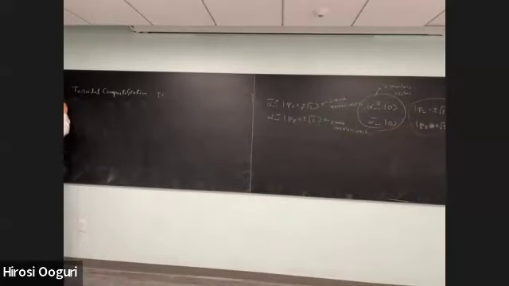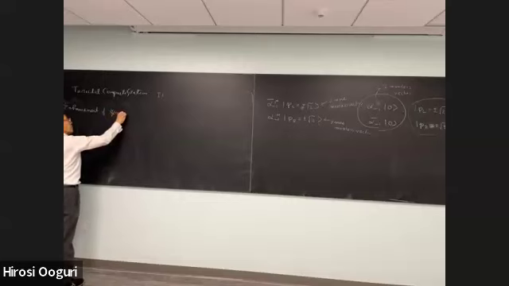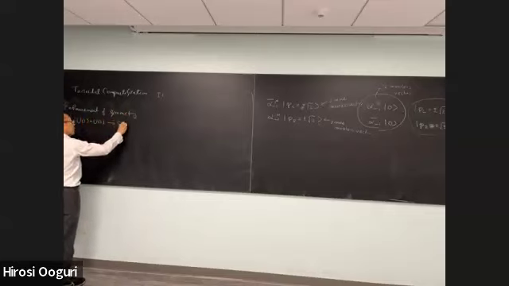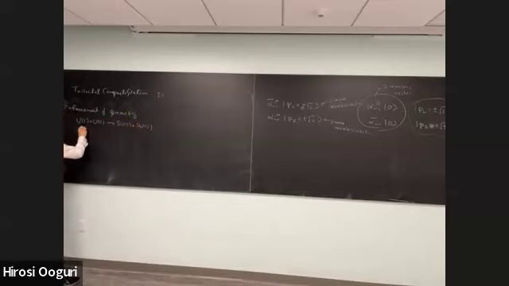So the enhancement of symmetry U1 plus U1 into SU2 plus SU2 at R equal to square root 2. So this is what I would like to explain.